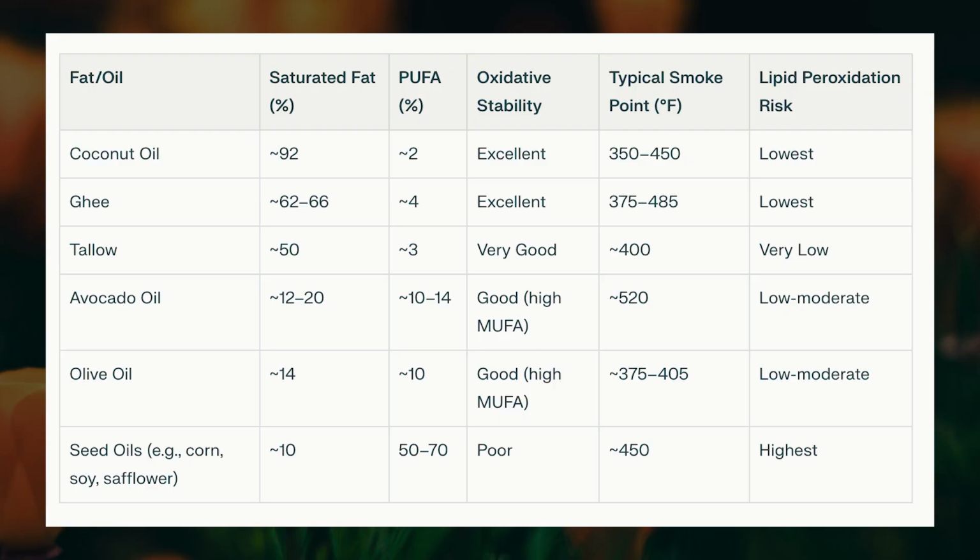So in this case, you want to be focusing on something like using coconut or ghee butter for higher heat cooking instead of something like olive oil, which has a much higher percentage of monounsaturated fats.